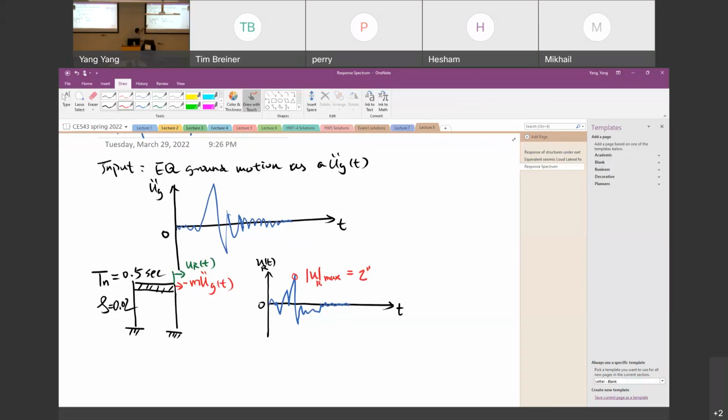For any given earthquake, for a selected structure with a natural period of 0.5 seconds and damping ratio of 2%, we should be able to find the response of the system as a function of time and figure out the maximum value. Makes sense?